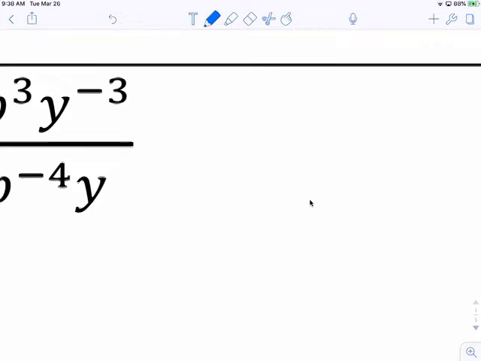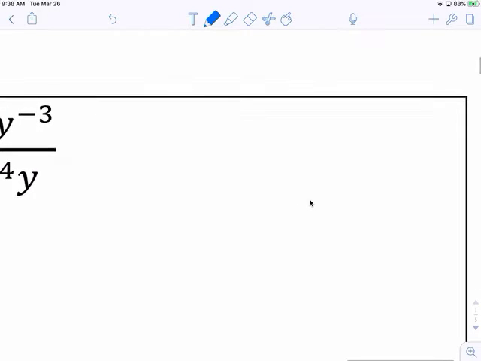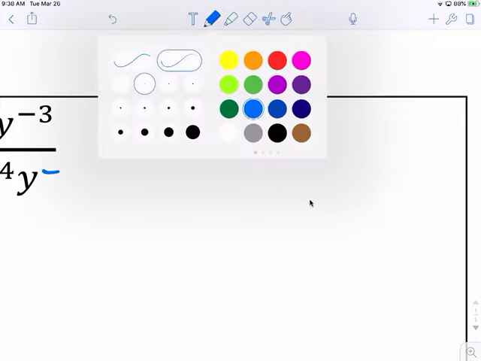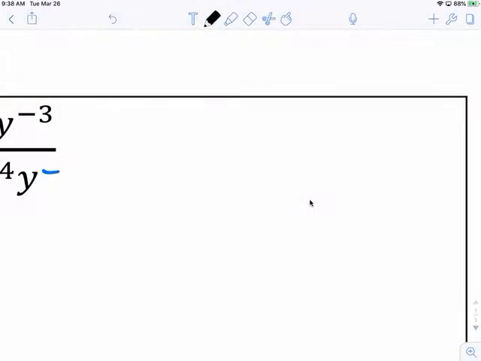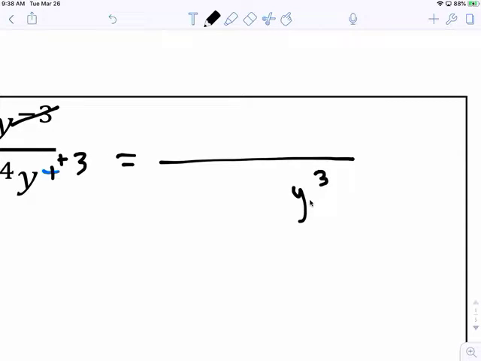Make sure you y minus negative 3, add, okay? So it's y to the 3rd. That's an invisible 1. Oh, that's 4, y to the 4th. And that's a 1 on top. We're done with the y.